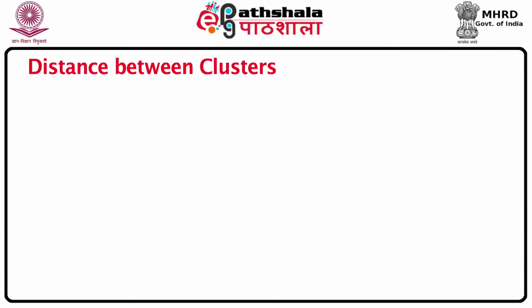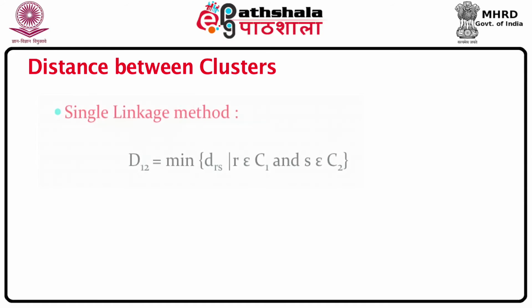So, a cluster may be composed of n1 individuals. Another cluster may be of n2 individuals. So how do you define the distance between these two groups? There are various ways of doing this. The simplest of them is referred to as the single linkage method, which is the minimum distance between individuals in the two clusters.